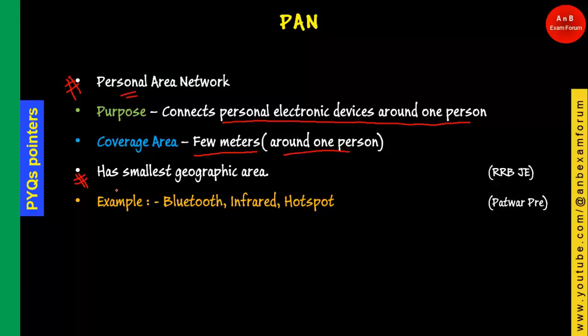The examples, and everybody knows them: Bluetooth, infrared, hotspot, all these are examples of personal area network. Like when you connect your earpods with Bluetooth, it is your personal area network. You are connecting to devices around your body. Okay, so it becomes a personal area network.